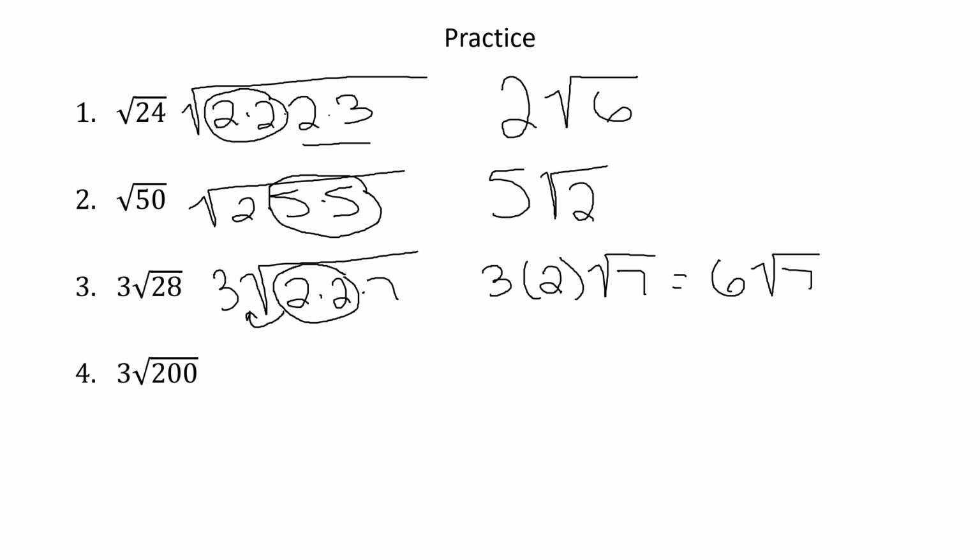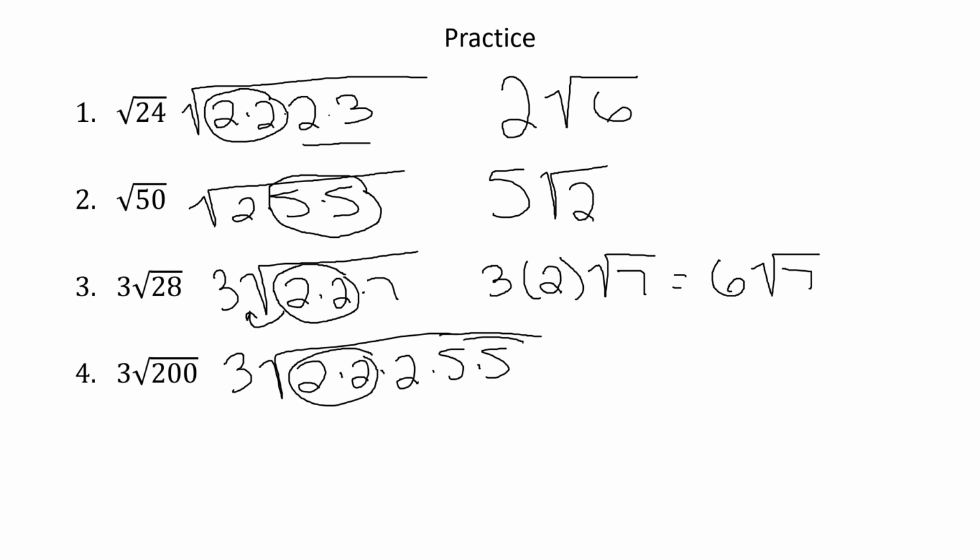Now let's look at our last one. We have 3 square root of 200. Now 200 is going to be 2 times 100. 100 is 2 times 50. 50 is 2 times 25. 25 is 5 times 5. Now let me just check that. 2 times 2 times 2 times 5 times 5. 200, perfect. Find any pairs. I have a pair of 2s and a pair of 5s. Both of those are going to pull out front.